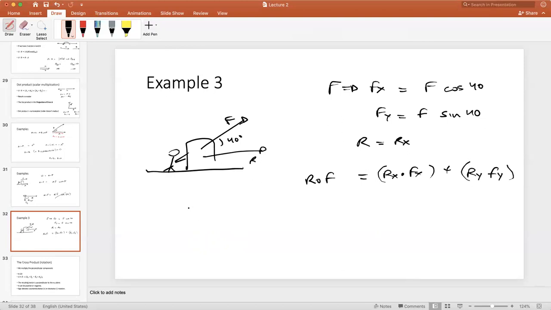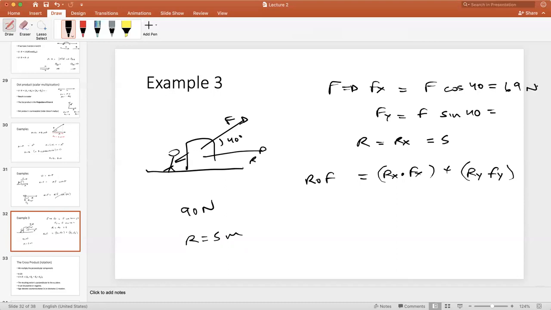Now let's say our force is 90 newtons and our r is 5 meters, okay? So r x is 5. And F x is 90 cos 40, which is about 69 newtons.